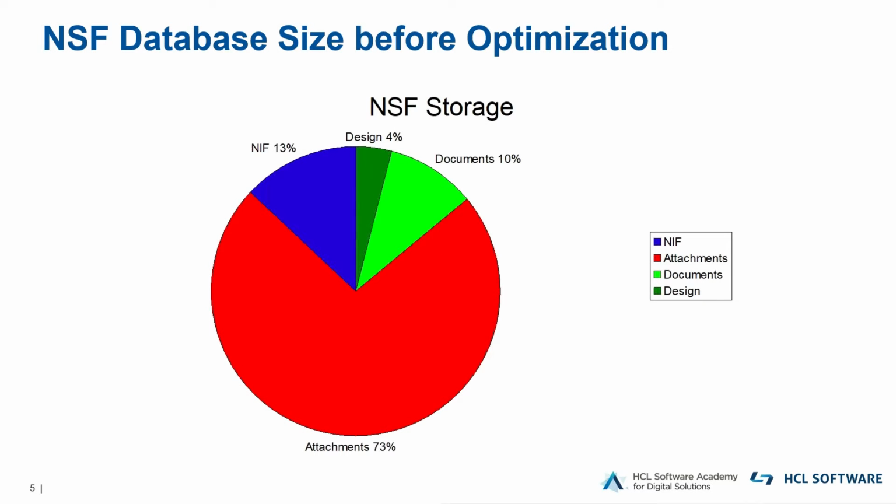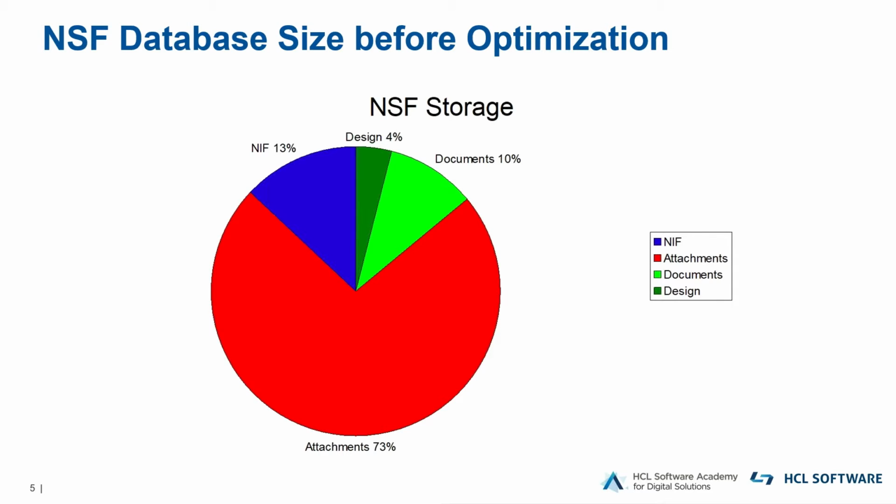When you look at a database, and this is a graphic that I built a long time ago, but the relationship between the different parts of the storage didn't change much. In a database that is not optimized, you see that most of the storage is in attachments, usually 70 to 75%.